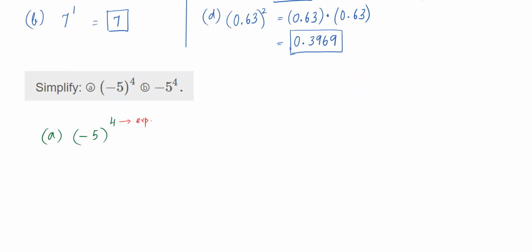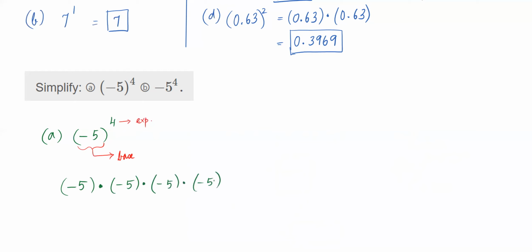It stands out very clearly. That's the exponent. We need to see what it's attached to. It's attached to the -5 itself because the -5 is grouped, meaning the negative and the 5 both are grouped. So that's your base. This means your base, -5, gets multiplied how many times? 4 times, because the power is 4.